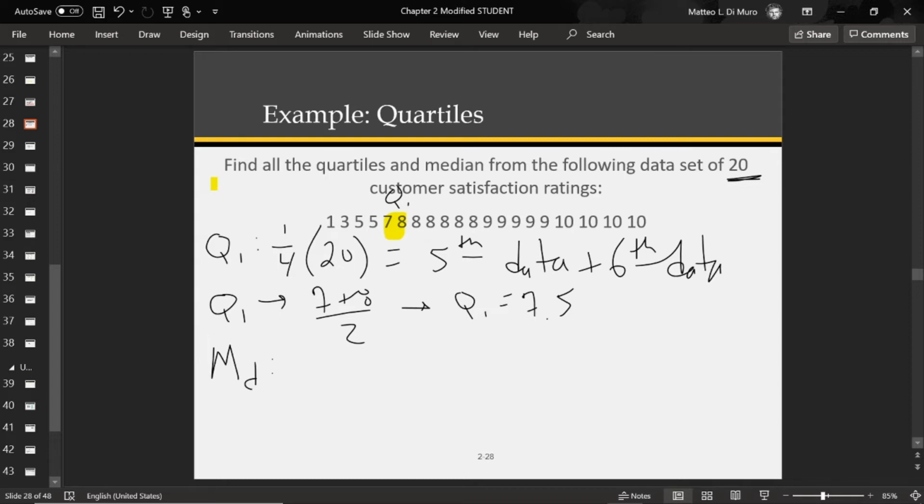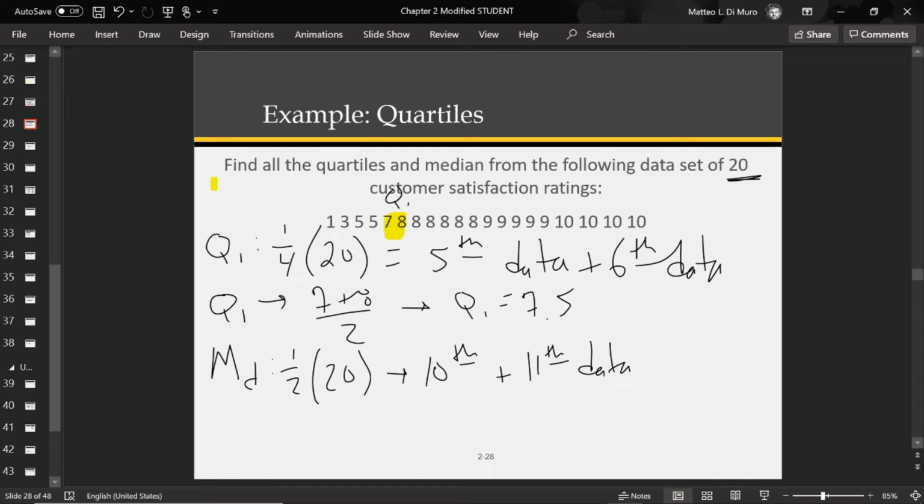Now, to do the median, we can tackle it one of two ways. We know our definition from before is that it is the exact center of the data set. Right now, we have an even number of data, so it's going to be an average of the two. If I'm using my formula, because it's the median, it's half, right? Because it's 50%, half of 20. It's the 10th. Now I got an integer, so that means the 10th and the 11th data.